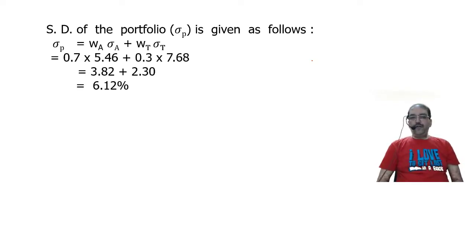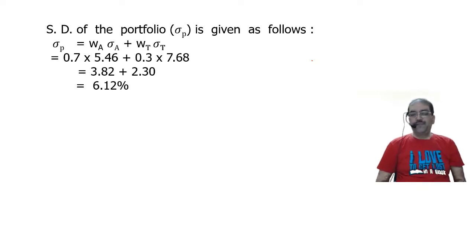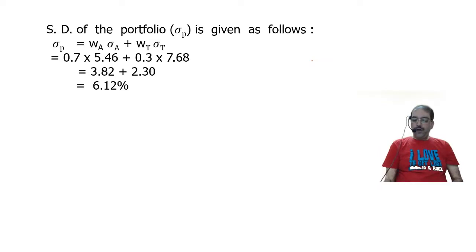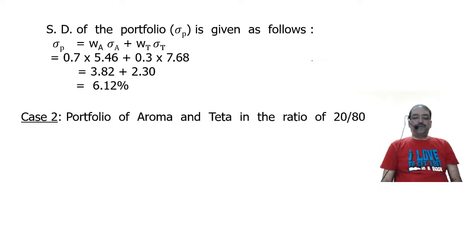Now in the second part, what changes is only the ratio. And so 0.7 and 0.3 it is 0.2 and 0.8. 20 is to 80. 0.2 is to 0.8. So write down case 2. Portfolio of aroma and theta in the ratio of 20 is to 80.